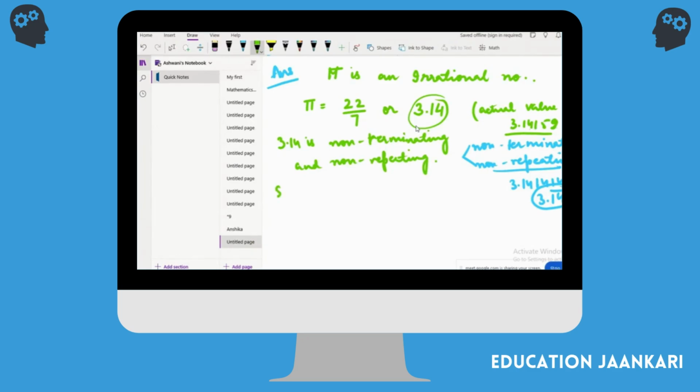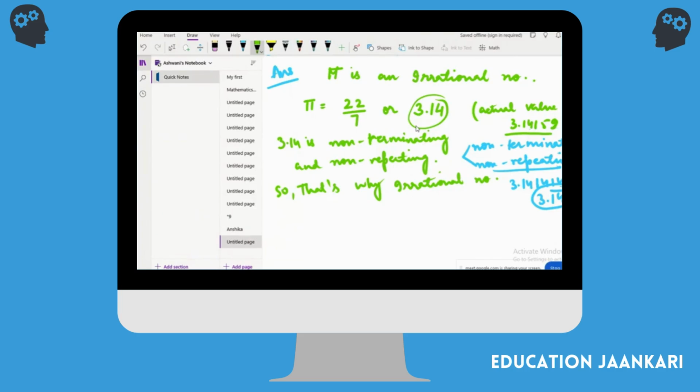So that's why this is an irrational number. Got it? Now you got the clarity? Okay. So only this was there in your syllabus, right?